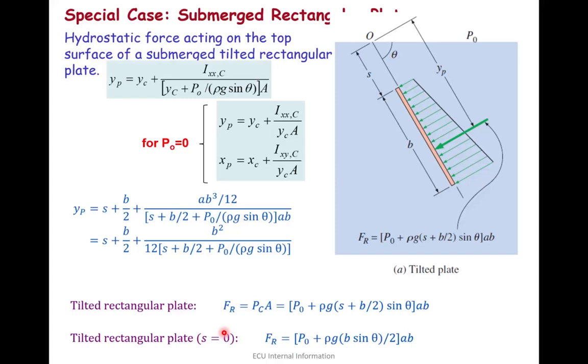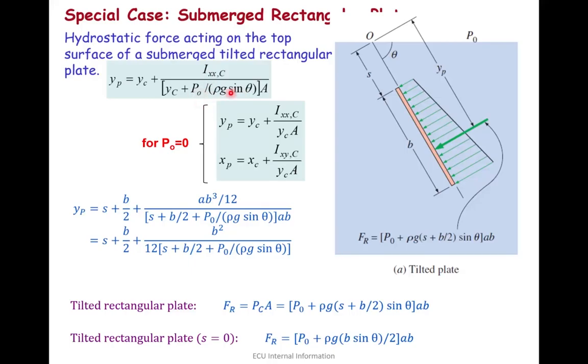So what this is showing is a submerged rectangular surface, and it is teaching us how to work out Yp, which is again Yc plus moment of inertia, and this is if we include atmospheric pressure.